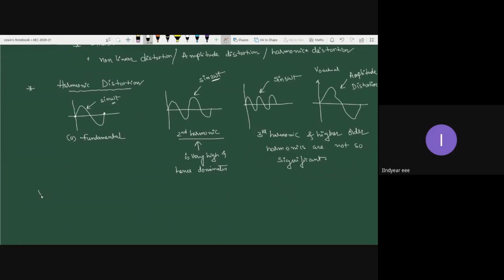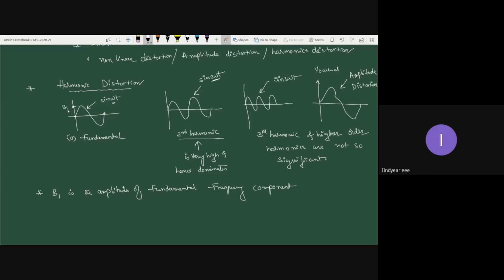Based on this understanding, you can derive a small expression. Let's say B1 is the amplitude of the fundamental frequency component.